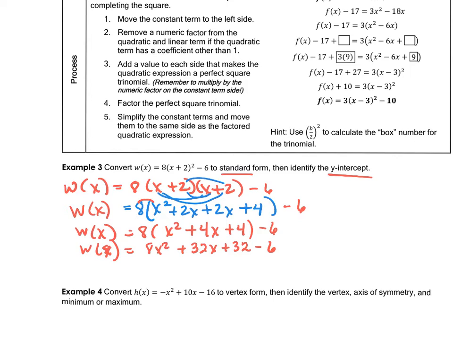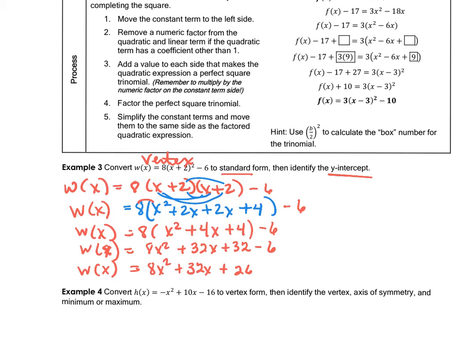So I distribute the 8, and then 32 minus 6 is 26. So we'll rewrite 8x squared plus 32x plus 26. So that's all you're going to do on that. And on your assignment, that's converting from vertex form into standard form.